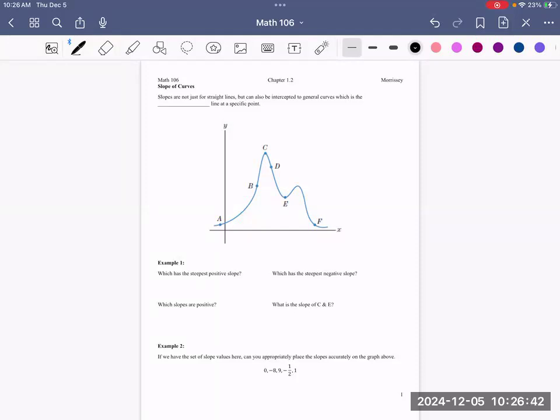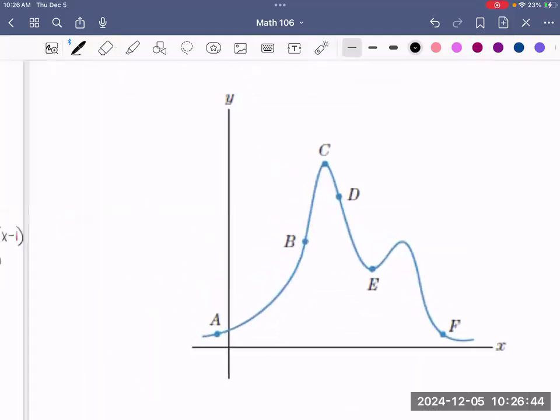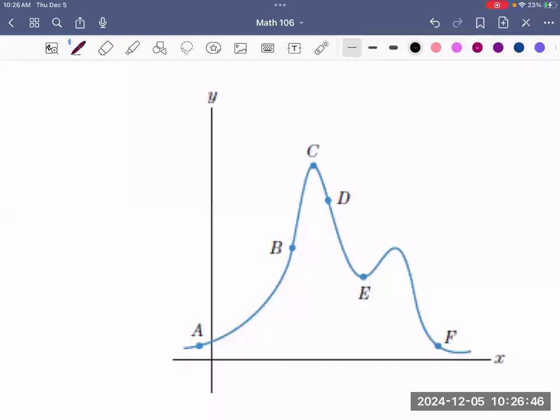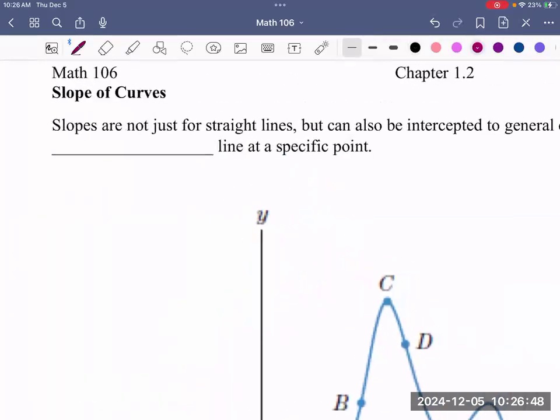We still can find them for curves, which is just the tangent line at specific points. So if we want to locate and hone in at a specific point on your particular curve, that is going to be your tangent line.